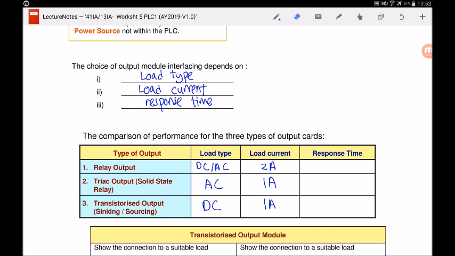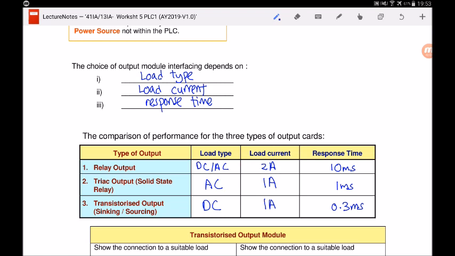Finally, the last consideration will be the response time. A relay output is slower because it's a mechanical relay, so it typically takes around 10 milliseconds. For triad, it is around 1 millisecond, while transistorized will be 0.3 milliseconds.